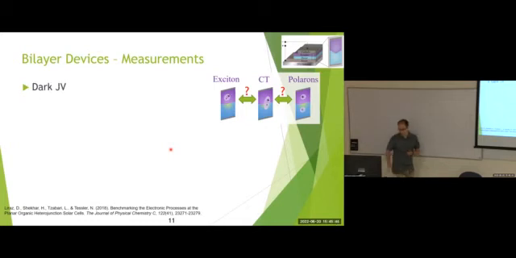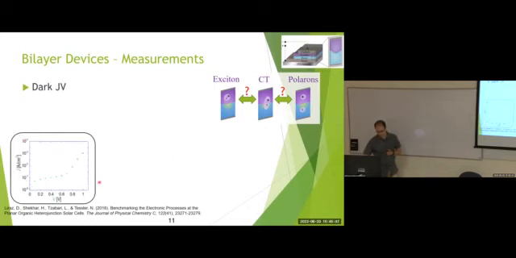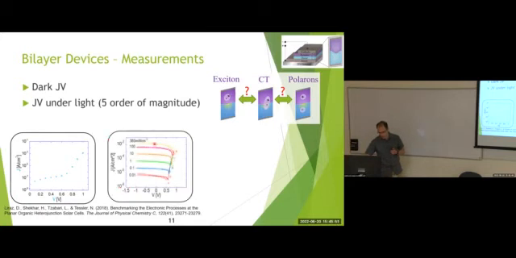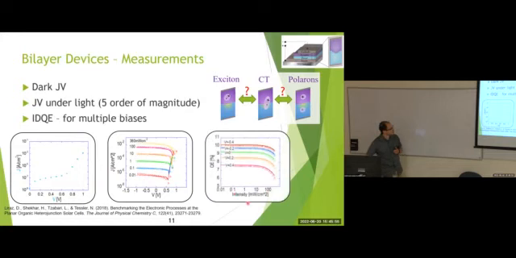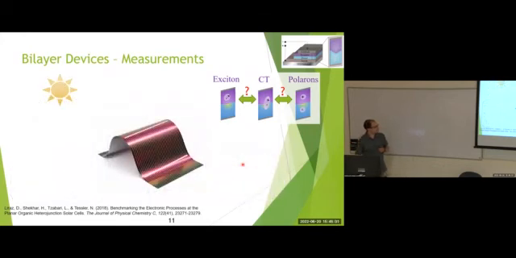So we measured the J versus V, JV, in dark. We measured the J versus V for 5 orders of magnitude of illumination. And we measured the light intensity dependent quantum efficiency for multiple biases. Now, what is the quantum efficiency?